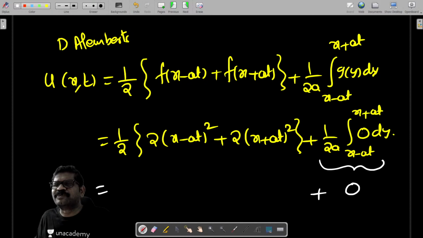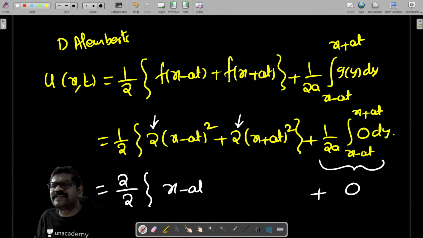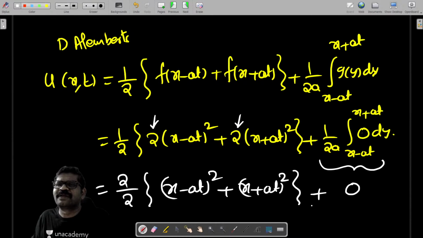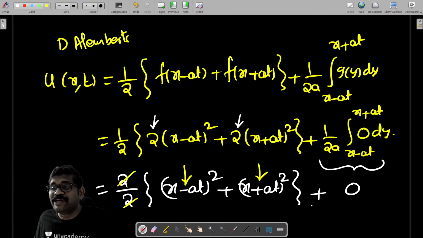What about the first term? Take 2 common. Here 2, here 2. Take 2 common outside. 2 by 2 of (x minus at) whole square plus (x plus at) whole square. 2 cancelled. (a minus b) whole square plus (a plus b) whole square form. So 2 into (a square plus b square).